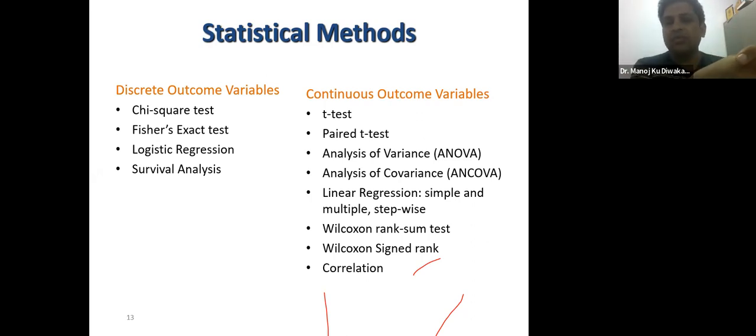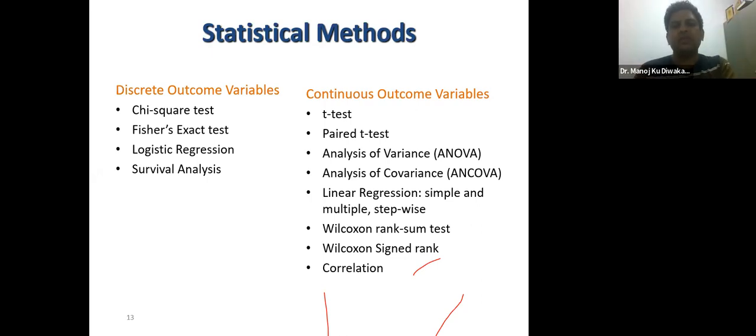The continuous outcome variable starts from the t-test. What is the t-test? Then the paired t-test. The t-test is the independent t-test or two-sample t-test, because we will have two samples from the populations.